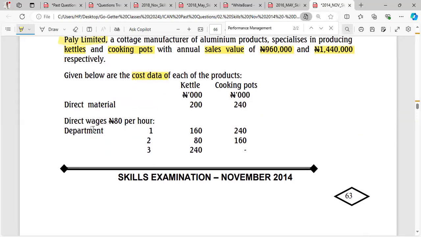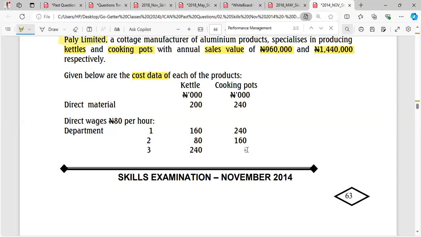Now, direct wages, we are paying 80 naira per hour. In department 1, we have 160,000, 240. Department 2, 80 and 160. Department 3 is 240 and dash.